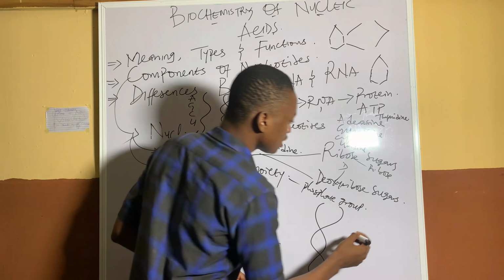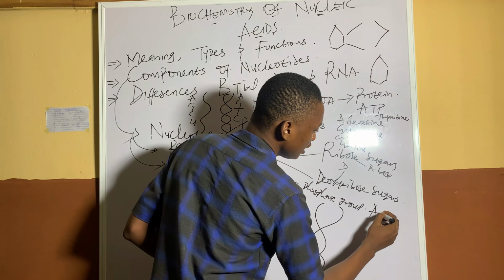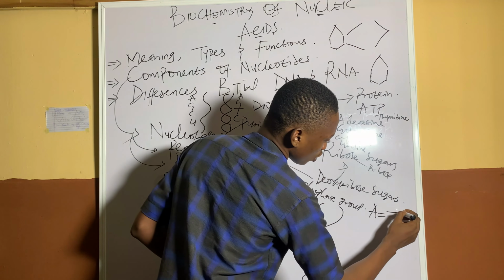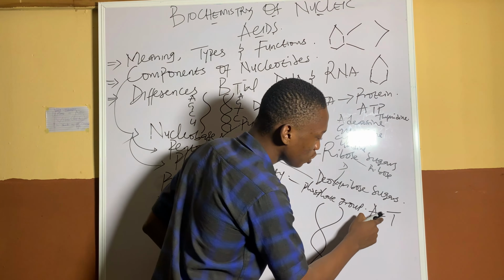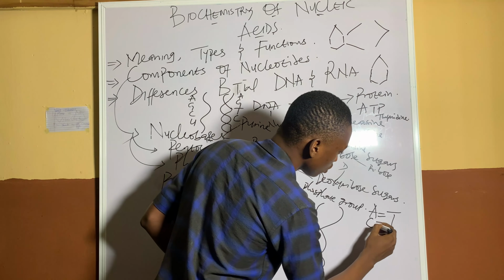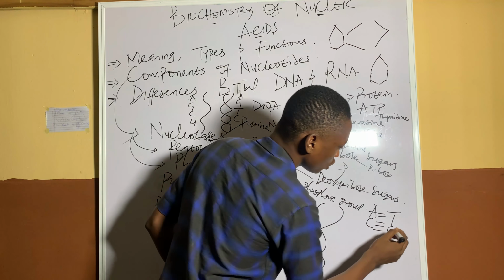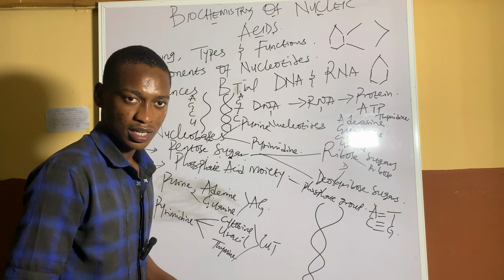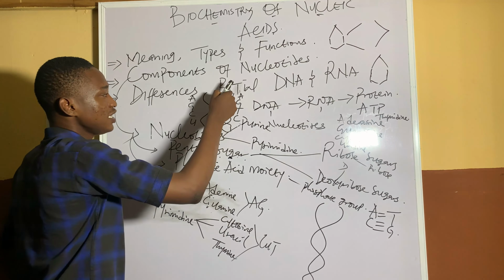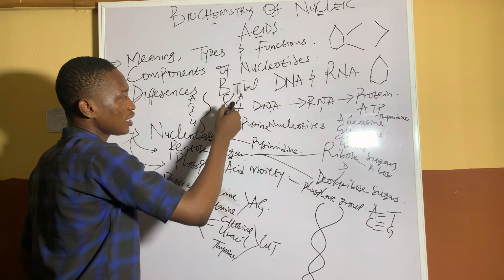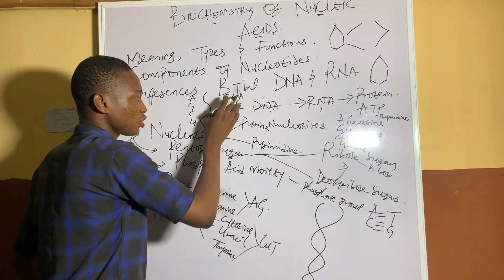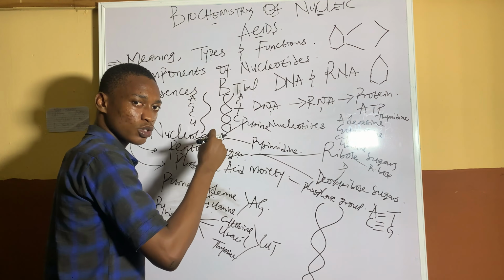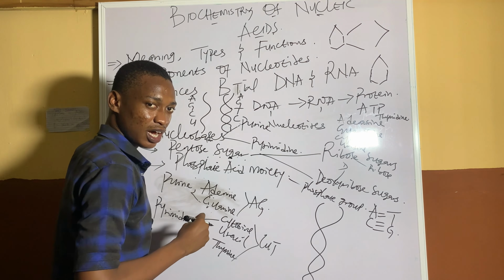In the base pair rule, we are saying that adenine bonds with thymine with 2 hydrogen bonds. Cytosine with 3 hydrogen bonds bonds with what? Guanine. Are we together? Remember that these nucleic acids are made of bases, nucleobases that combine together to form this particular what? Nucleic acid. Are we together?